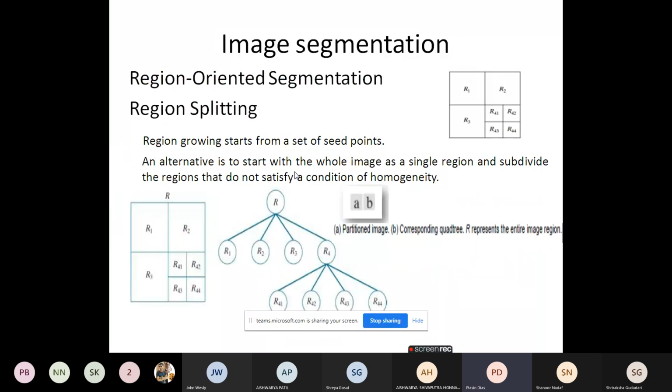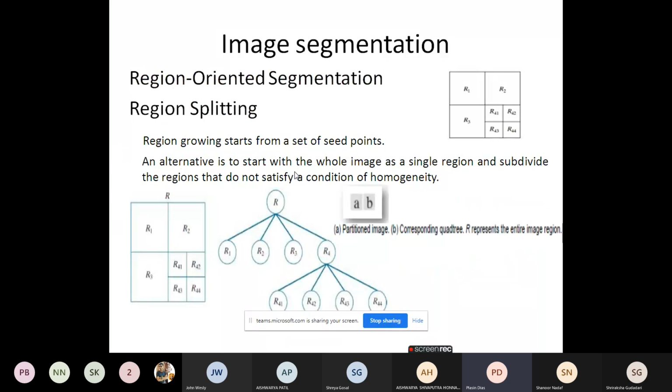So we'll go ahead with understanding the term region splitting. In the previous discussion, we had discussed region growing, and the best example that I had taken was one wherein a seed point was grown. Region growing normally starts from a set of seed points and you try to occupy the entire image.